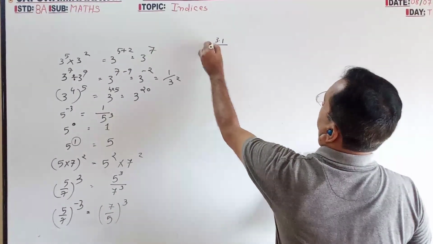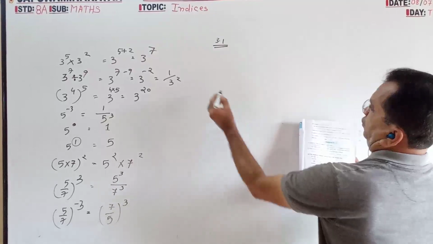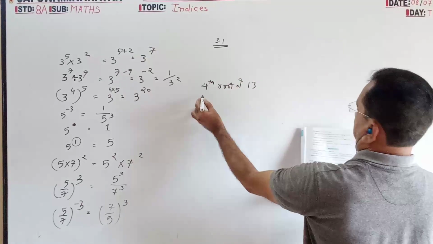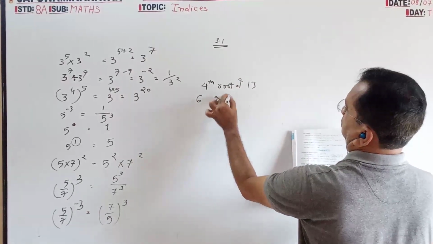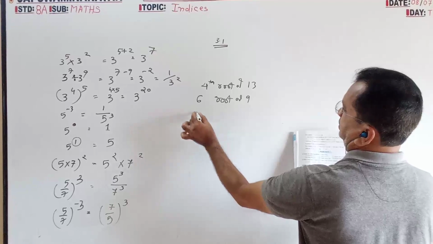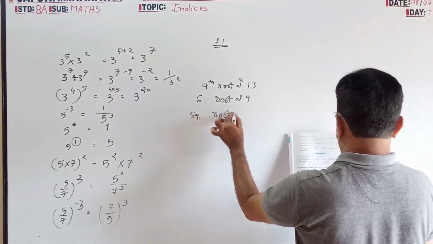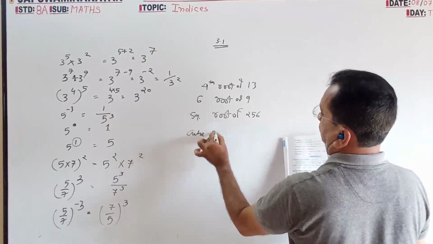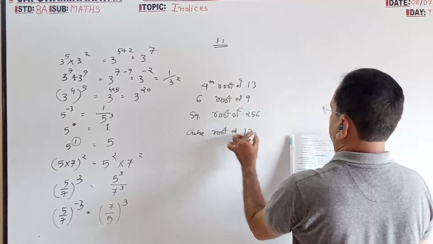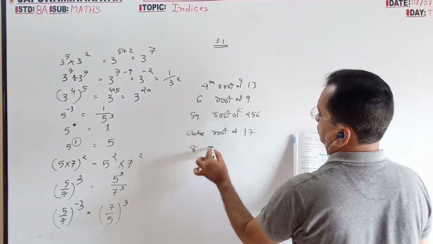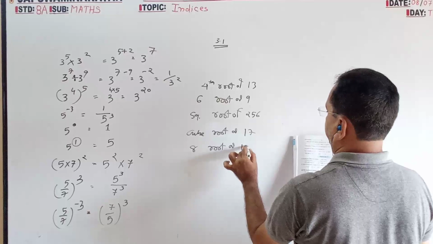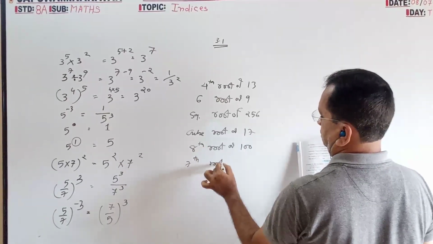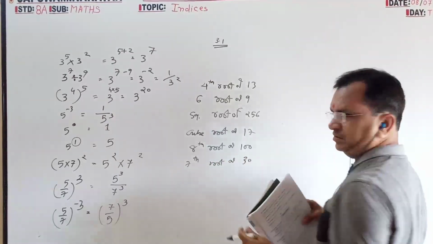Fourth root of 13, sixth root of 9, square root of 256, cube root of 17, eighth root of 100, seventh root of 30.